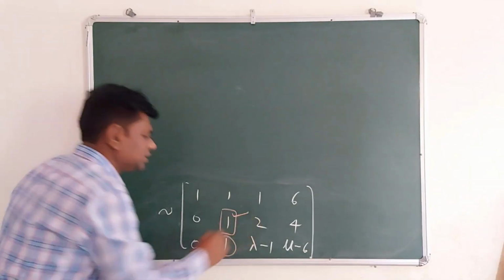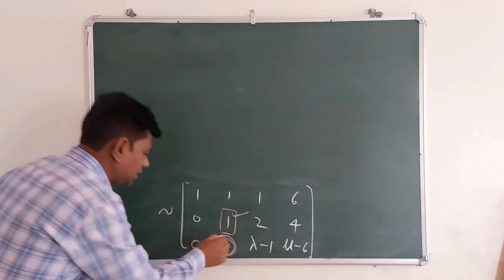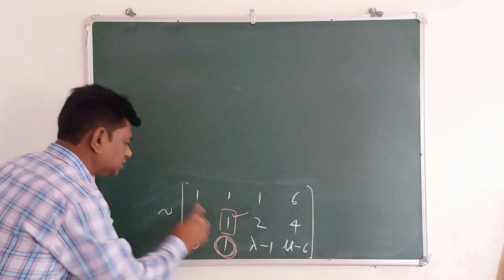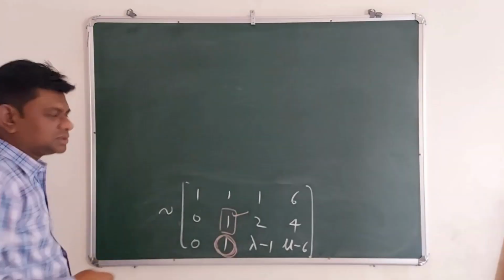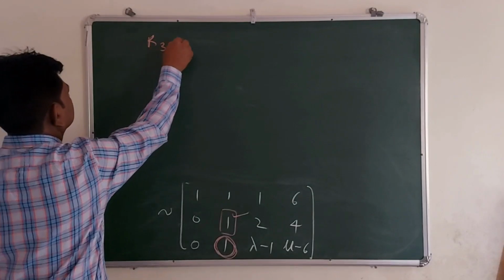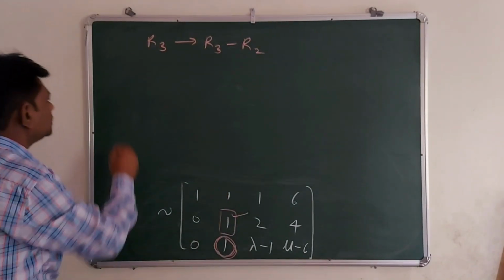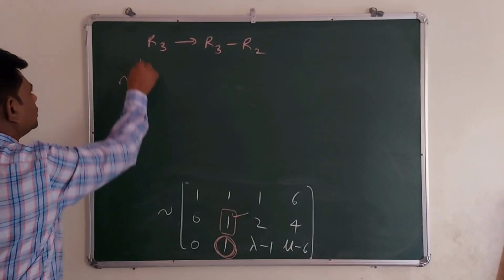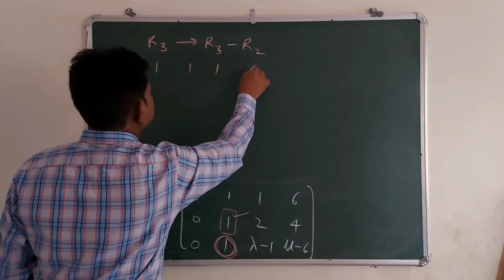Now this 1 is the diagonal element in the second row. We convert the entry below it to 0 by using this second diagonal element. That is, R3 changes to R3 minus R2. The new matrix is equivalent to the old one. The first row is as it is, 1, 1, 1, 6.